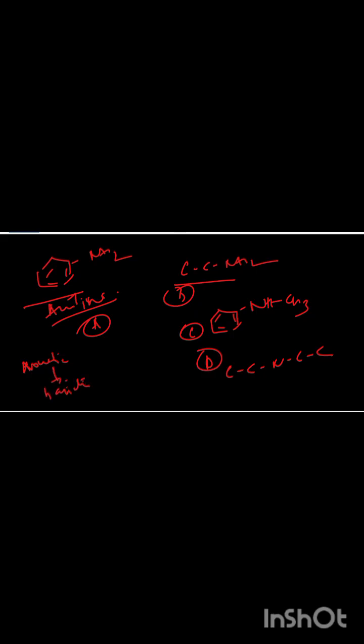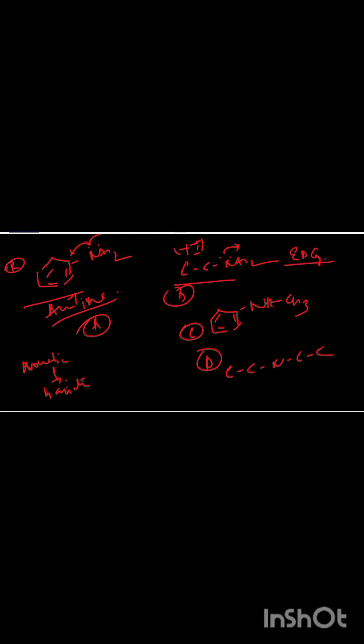Why? Because basicity is the ability to donate a pair of electrons. Now what happens is benzene has the tendency to withdraw the electrons through resonance, whereas carbon atoms try to push electrons through plus I effect, so they are also known as electron donating groups.